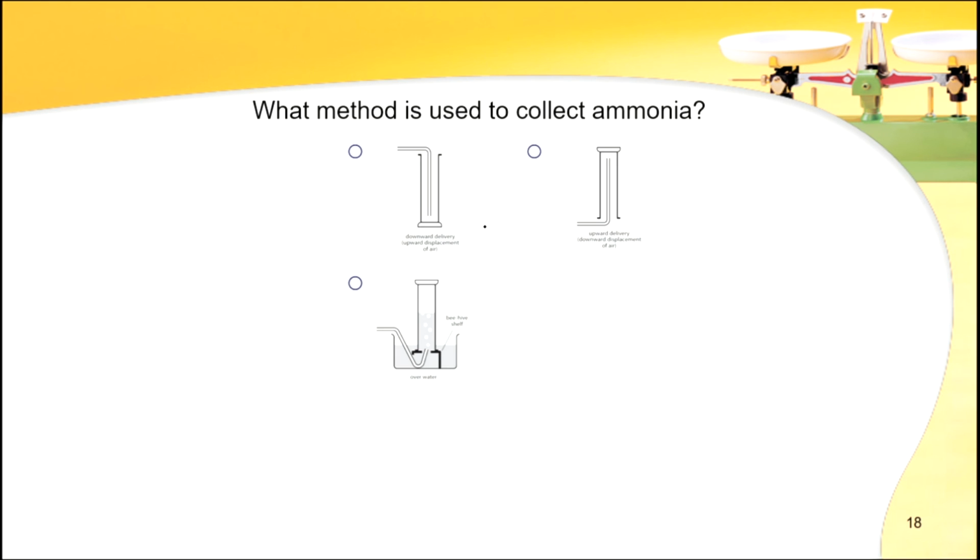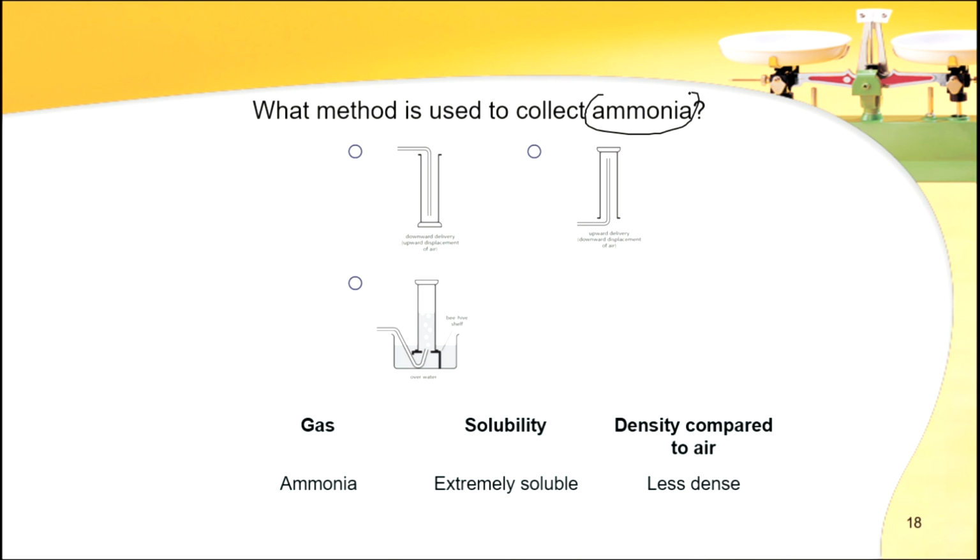Which method is used to collect ammonia? Let's look at the solubility and density compared to the air. Ammonia is soluble, which means we cannot use displacement of water. We can use downward delivery or upward delivery, but we look at the density of ammonia gas.